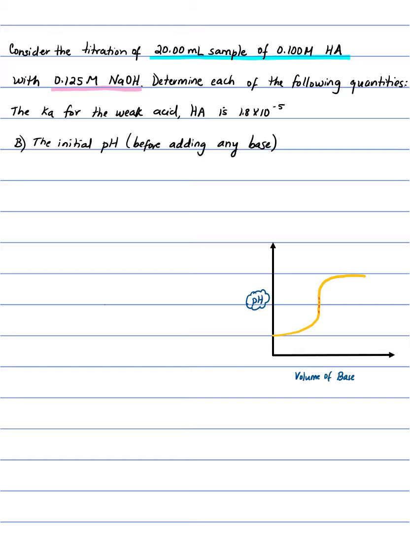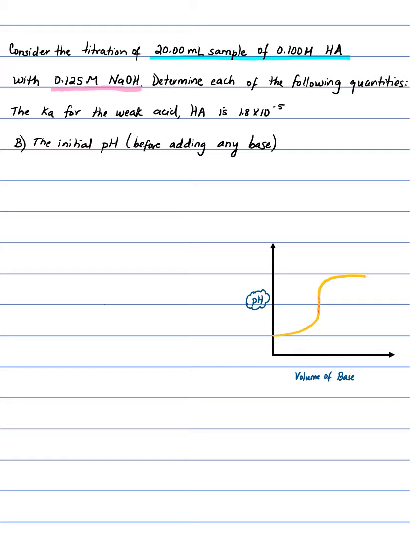So the second thing that we have to calculate is the pH of your sample after adding different volumes of sodium hydroxide. The first thing that we calculated was how much sodium hydroxide you need to add to your sample to neutralize all of your acid, reaching the equivalence point. So we have 16 milliliters.